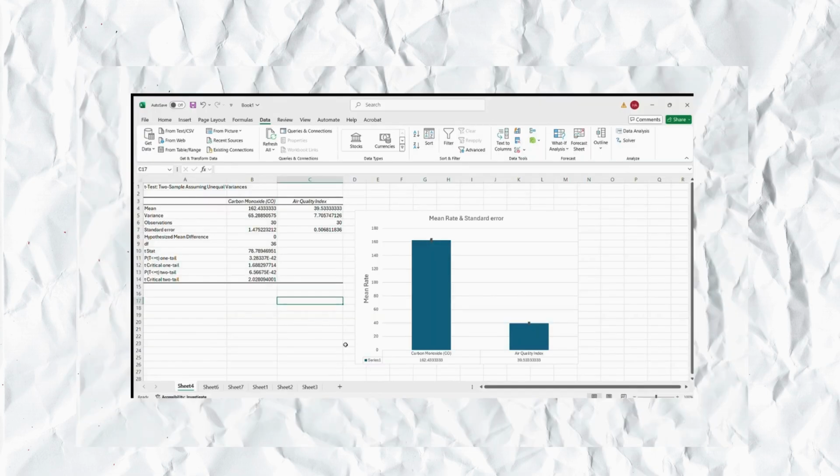From the t-test, as you can see, we will get the value of variance and standard error using the formula SQRT, and the observations, standard error, same for the formula SQRT. These are all the values generated.